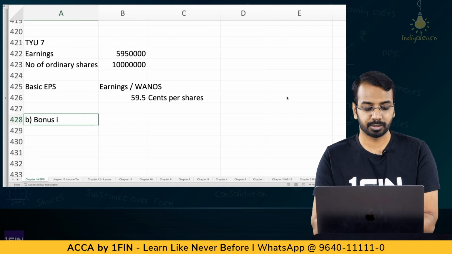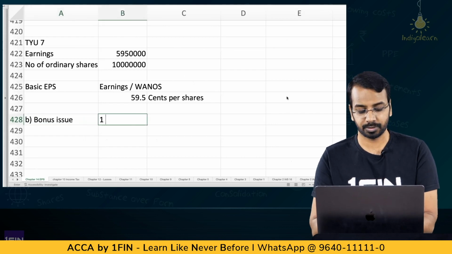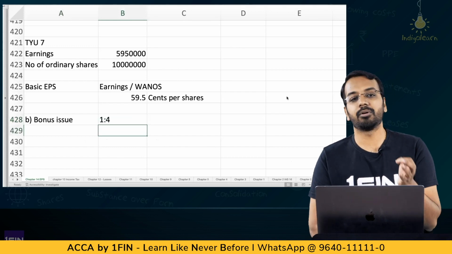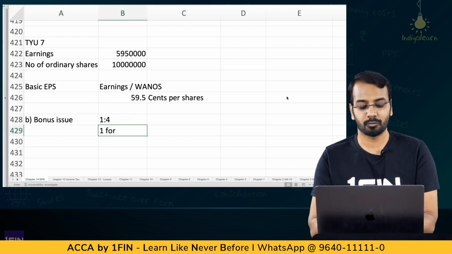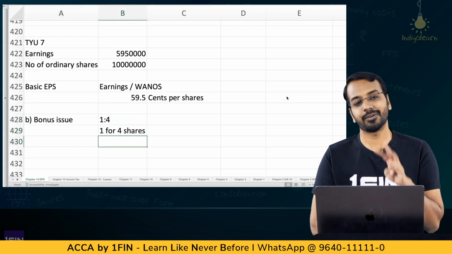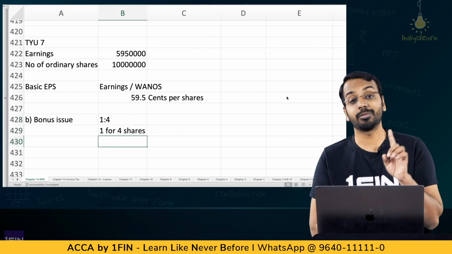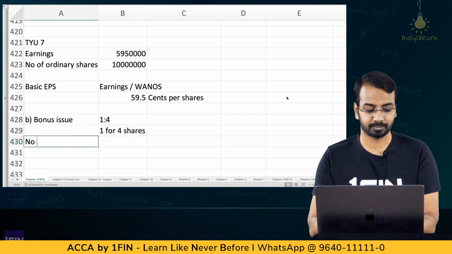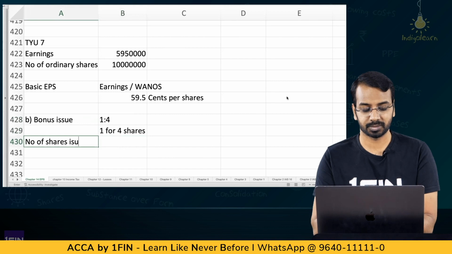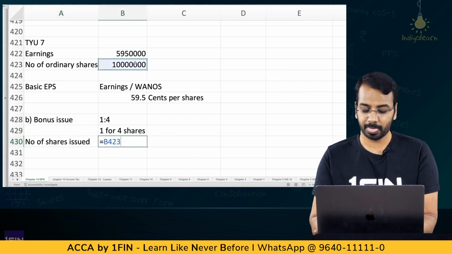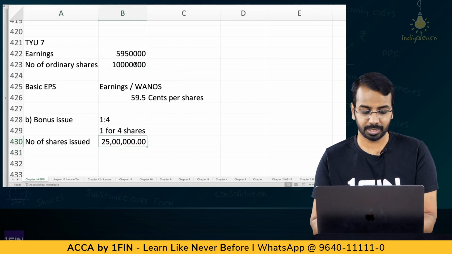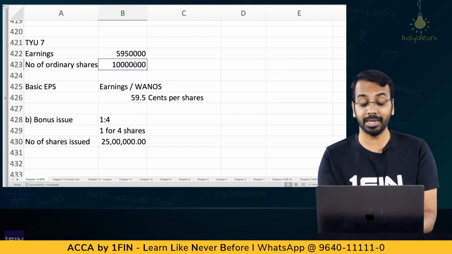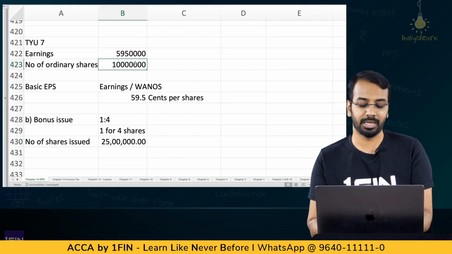So when it is there from the beginning of the period, how do we do it? Bonus issue 1:4. When we have 1:4 as the bonus issue, what it means is 1 share for 4 shares. So if you have 4 shares, you will get 1 share. If you have 10 million shares, it will be 10 million divided by 4, which is 2.5 million.